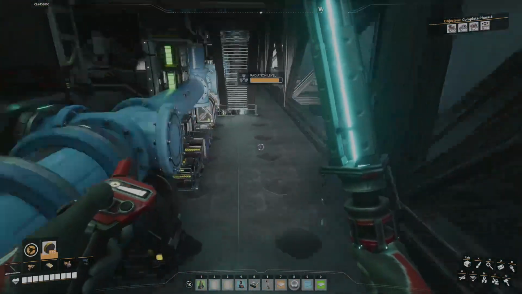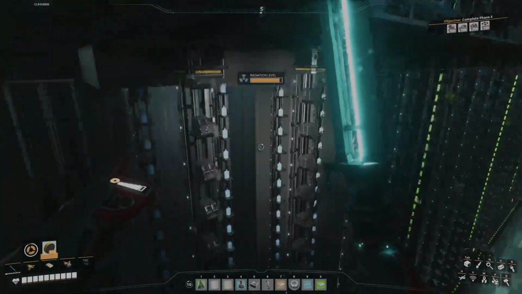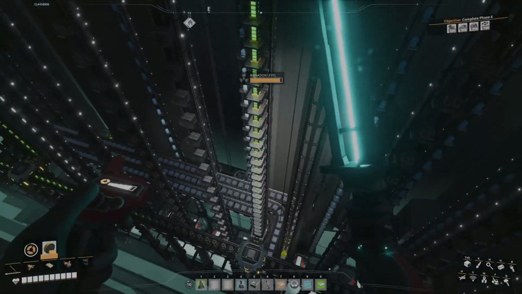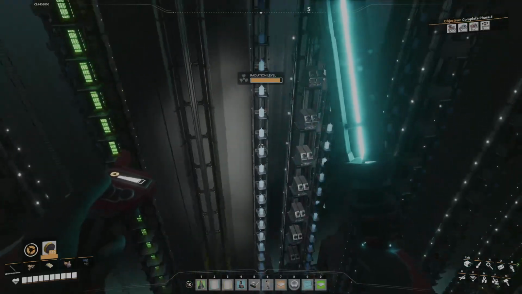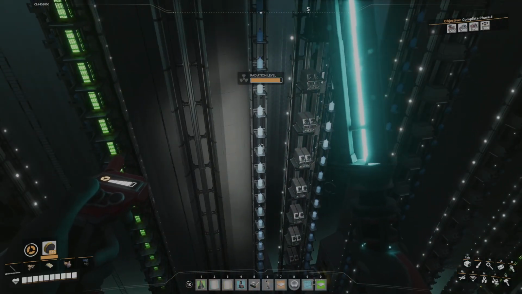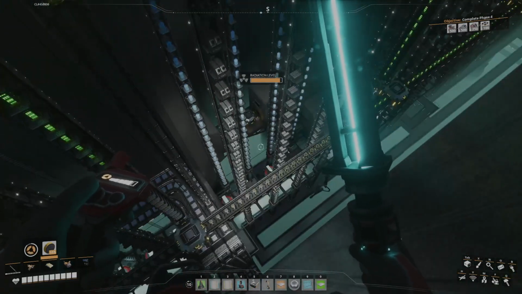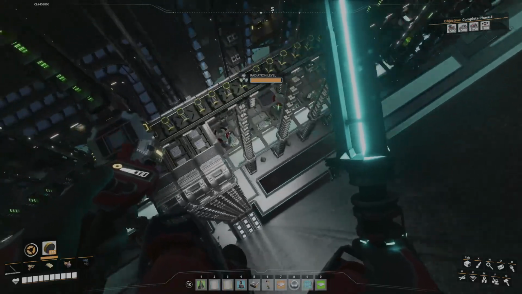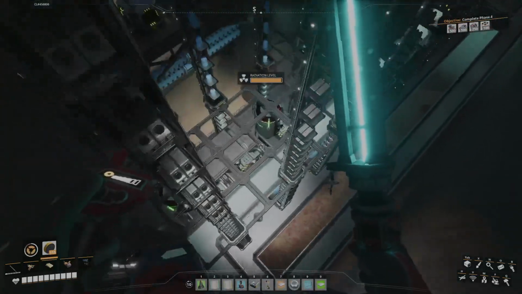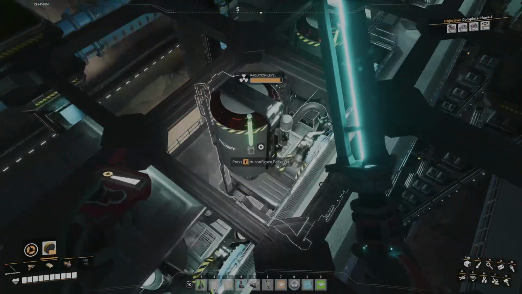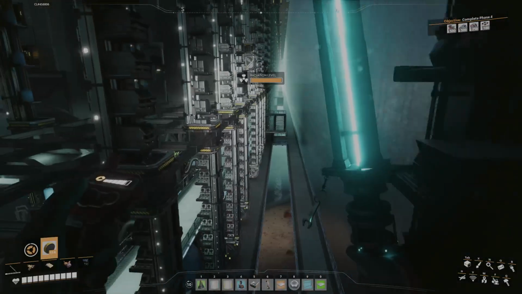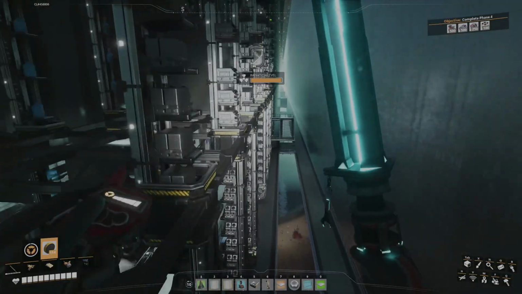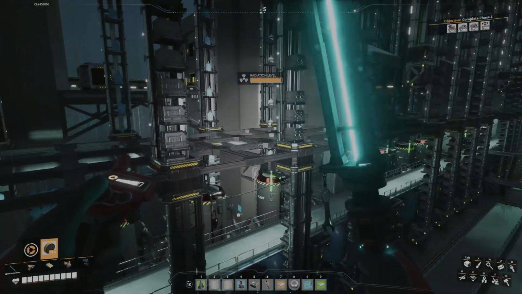Now, the only things you have to do is connect the waste output, the uranium rod input, and the belts with canisters and filled canisters on them.